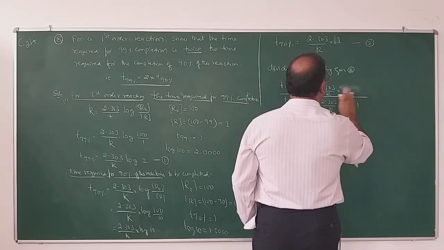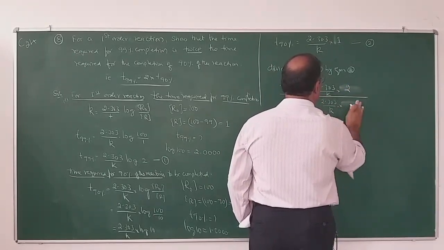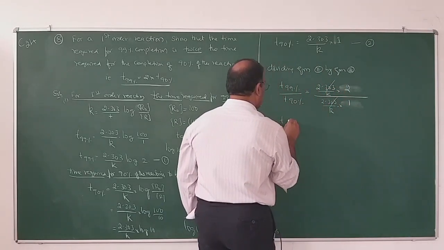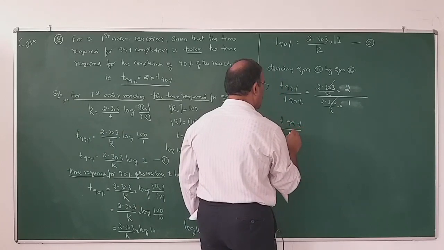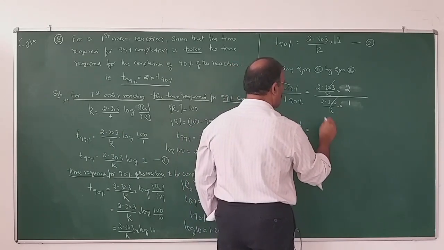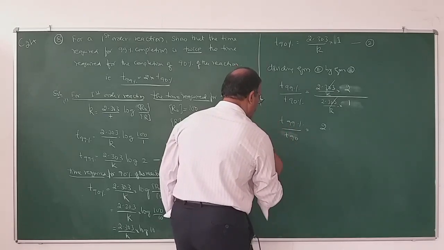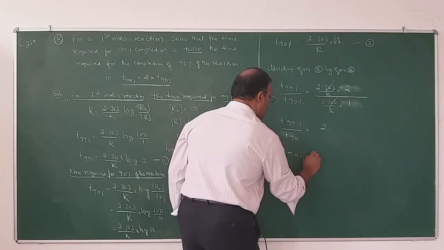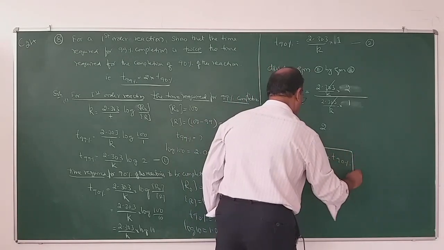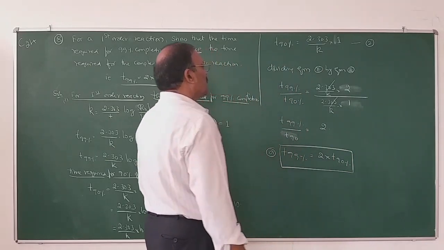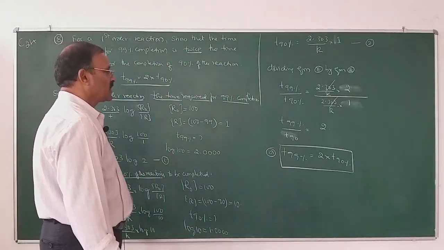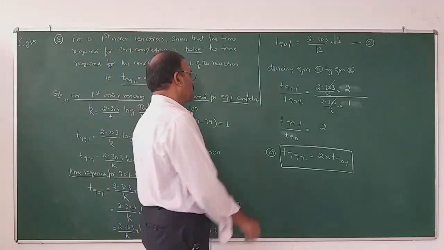Here this one is 2 and this one is 1, so 2.303 by K gets cancelled. T 99% divided by T 90% equals 2, or T 99% equals 2 into T 90%. So this is how we can show that T 99% equals 2 into T 90%.